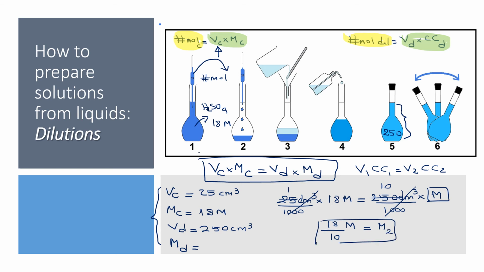So in this case, the molarity is going to be 1.8 molar, which makes sense because we are diluting the 25 into 250. If the volume increases 10 times, the molarity should decrease 10 times as well.